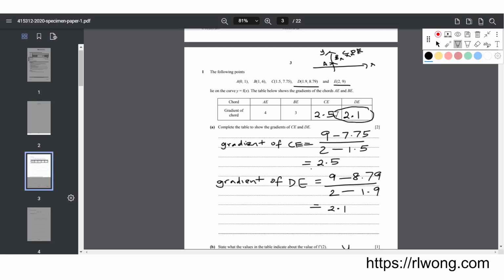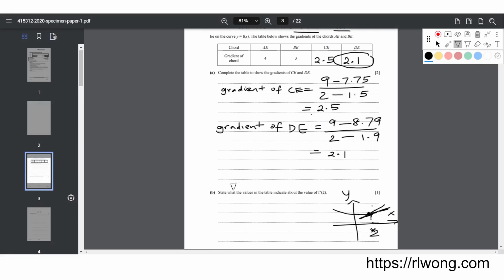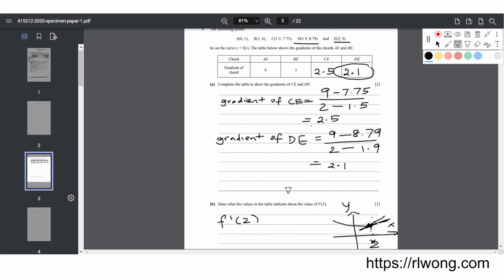But it's most likely not exactly 2.1, because the gradient of the chord is an estimation of the gradient of the tangent at E. Next, let's take a look at the pattern 4, 3, 2.5, 2.1. Very likely, the gradient at point E is slightly less than 2.1. So in other words, we can say that f'(2), which is the gradient at x equals 2, or the gradient at point E, should be roughly 2.